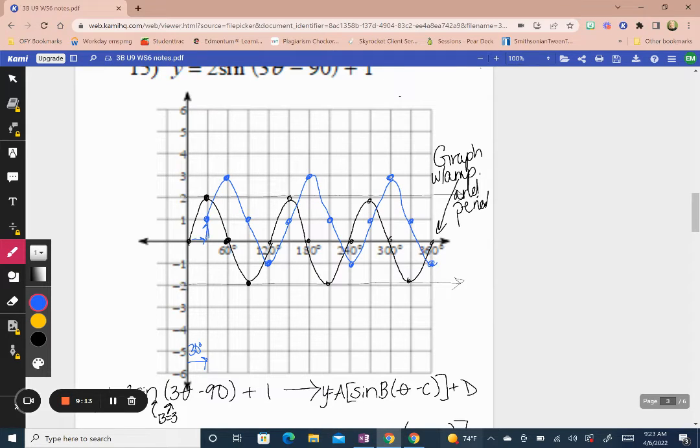Okay. And then your blue would be your final answer. So if you need to do like a marker to make it stand out or a colored pen, something along those lines, that would be totally fine. I'm just going to thicken mine up a little bit. Okay, and this would be your final answer.